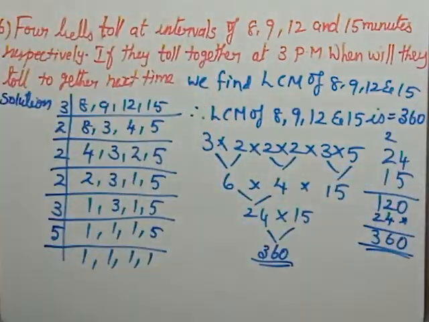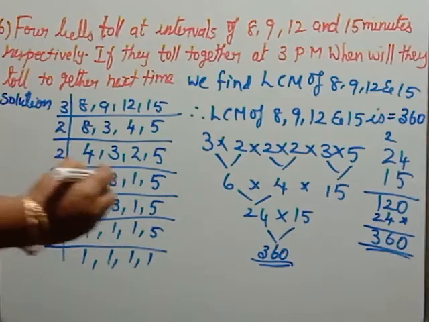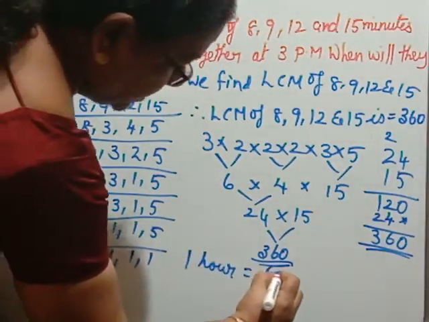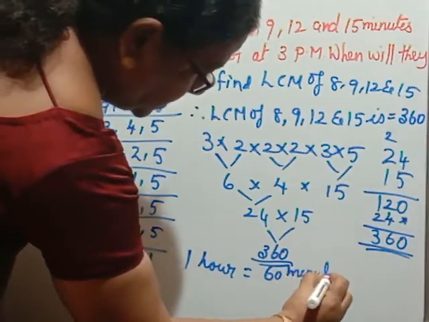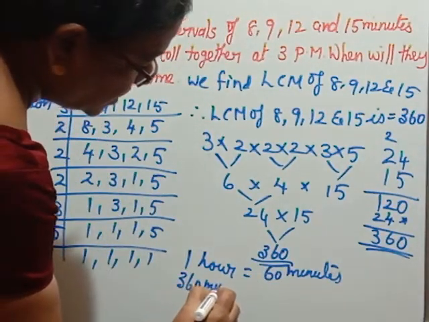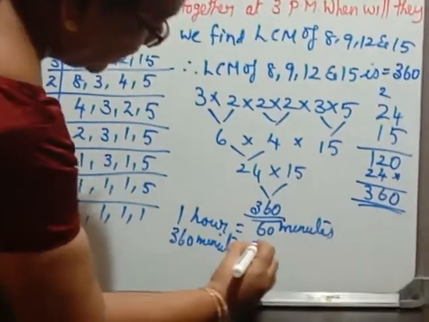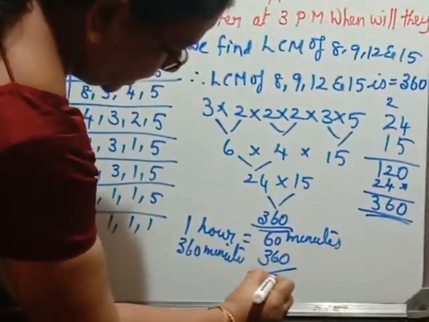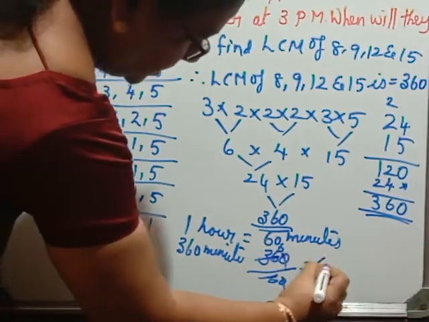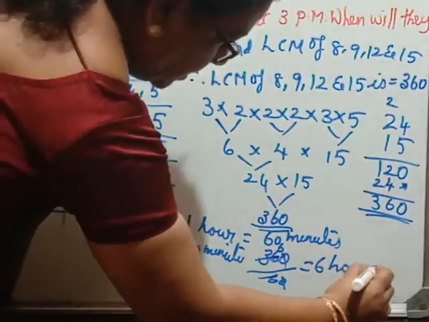This is 360 minutes. 1 hour is equal to how many minutes? 60 minutes. So 360 minutes is equal to 360 divided by 60. 6 6s are 36. So it is equal to 6 hours.